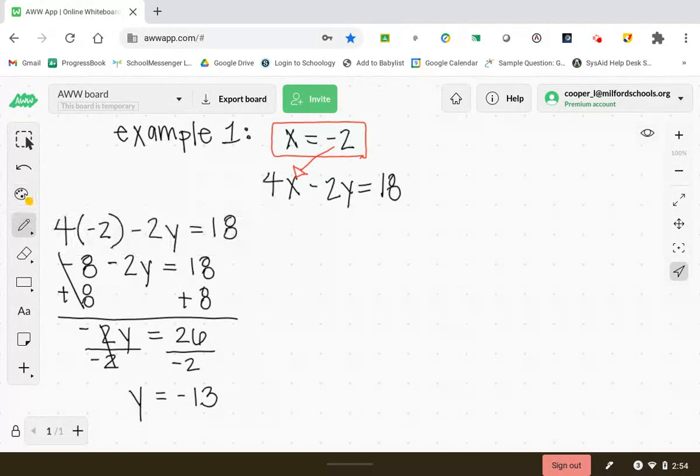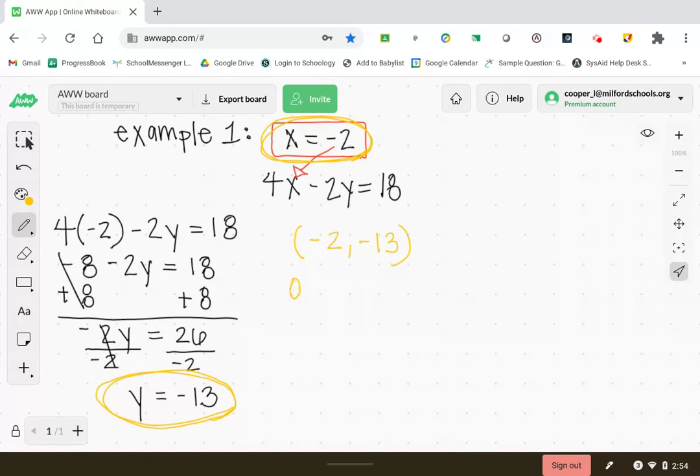I have an answer for y, and I don't really need to solve for x because I already know that x is negative 2. So when x is negative 2 in these 2 equations, then y is going to be negative 13. Just like before when we were graphing, it would cross at negative 2, negative 13. That's when they would be the exact same.